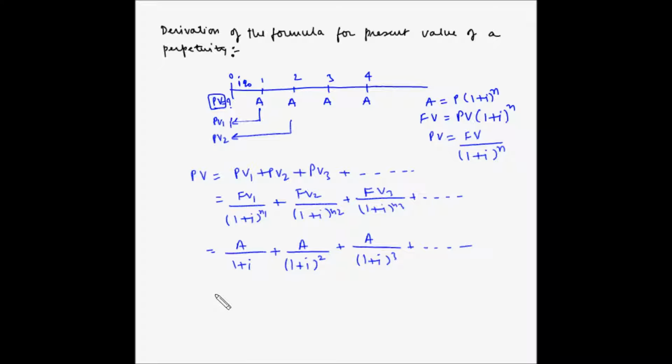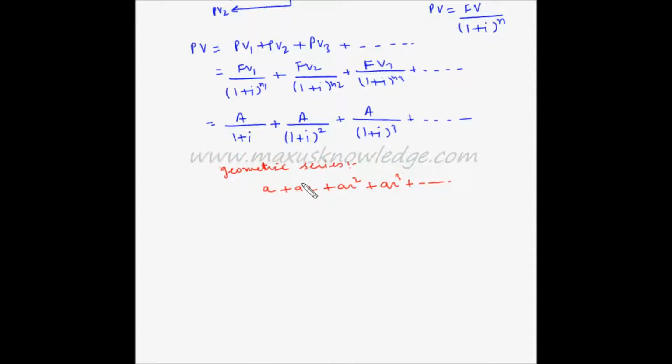Now, as we know, a geometric series is represented as A plus AR plus AR square plus AR cube and so on. So in a geometric series, if you take two consecutive numbers, they have the same ratio.